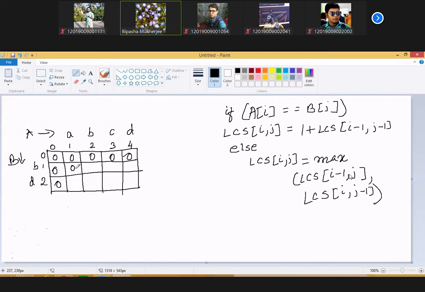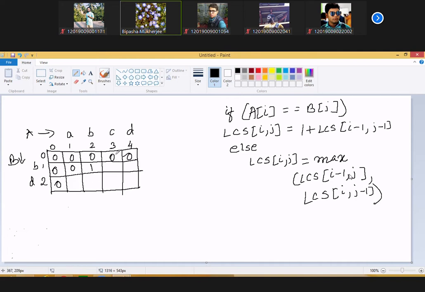Fine. Once you have done this, you will go forward and find that this element is equal to this. This B and B, these are equal. So if it is equal, then 1 will be added to the diagonal element. So from this position, what is the diagonal element? Add here.